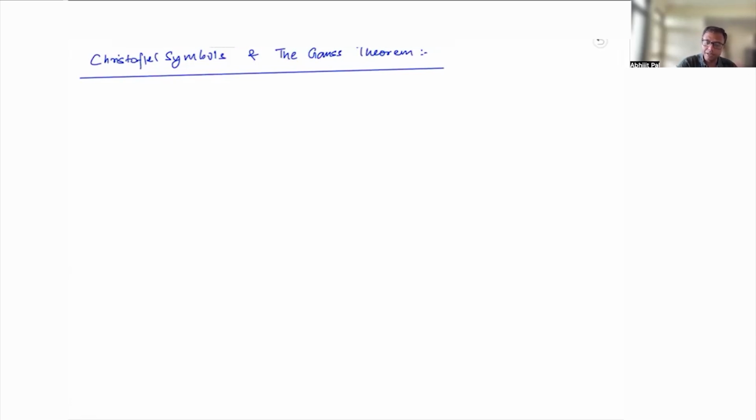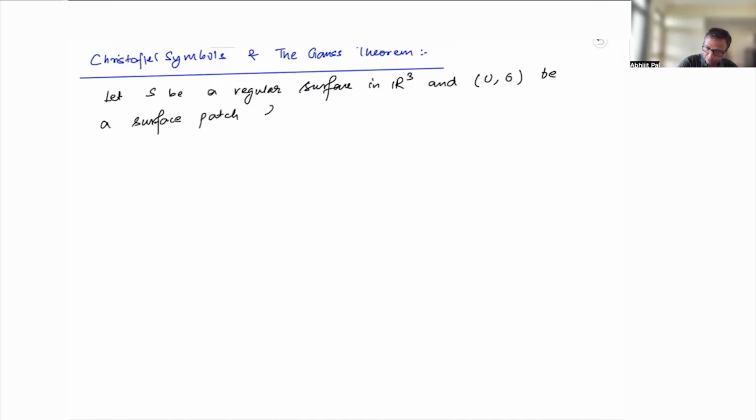So let us take a regular surface S in R3, and let sigma from U be a surface patch for S. Okay, so now let me draw a picture.